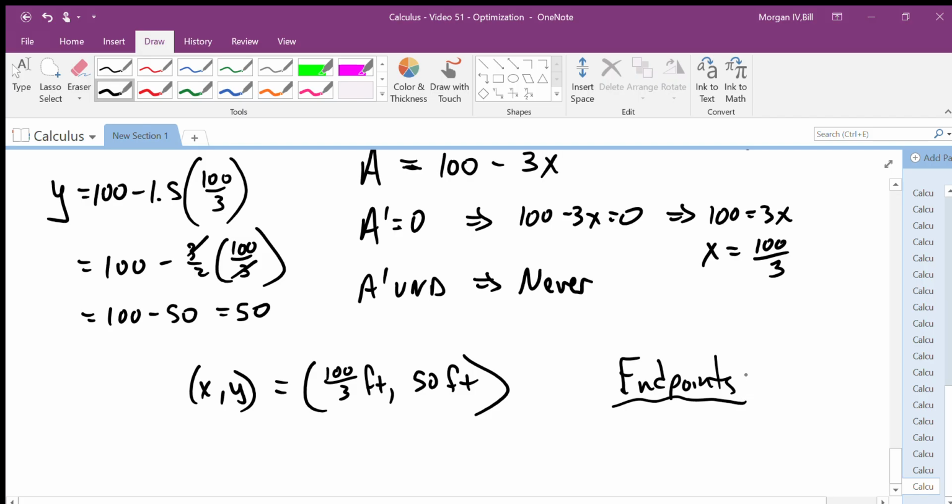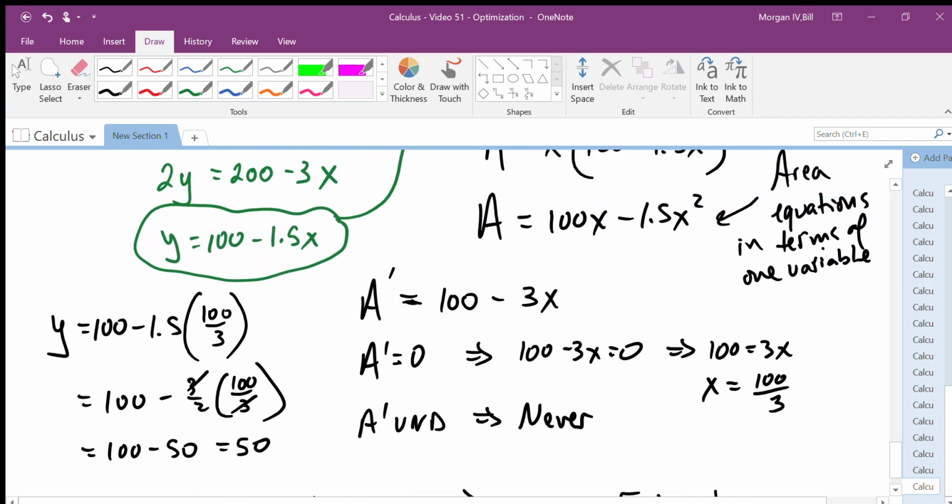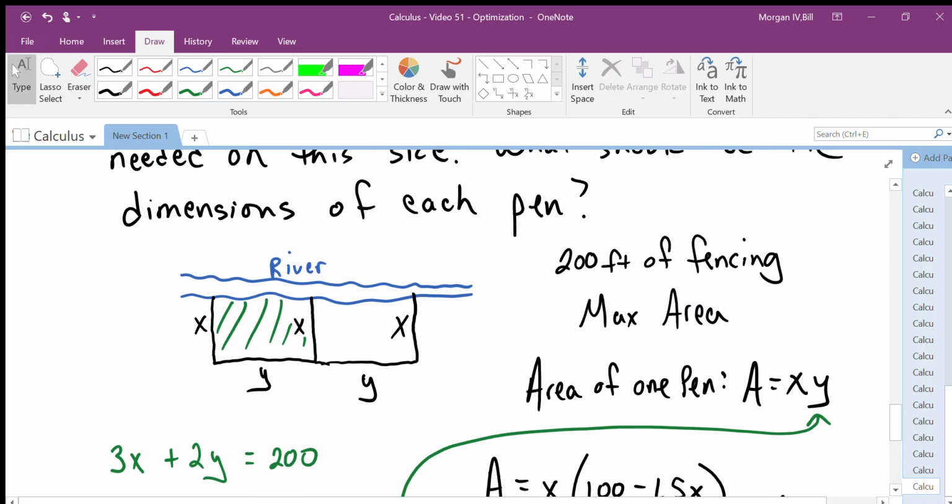Honestly, most of the time, the endpoints aren't the answer here. The endpoints end up being kind of the extreme of possibility. So for example, going back up to our picture, what's the smallest that x could be? What's the smallest that y could be? What's the largest that x could be? Well, the smallest that x could be would be 0.